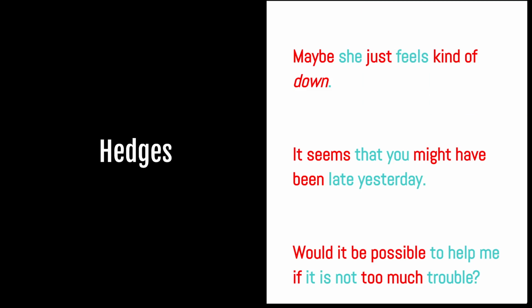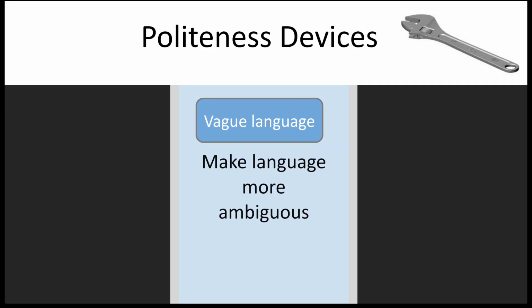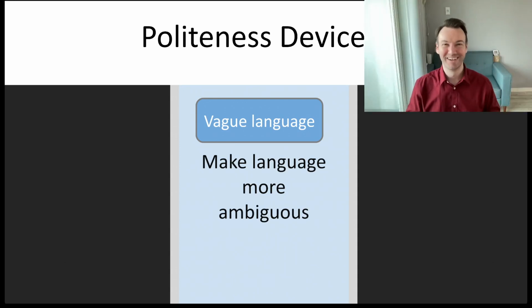All right. Next, we have vague language. So we want to make our language a little bit more ambiguous. So not so clear.